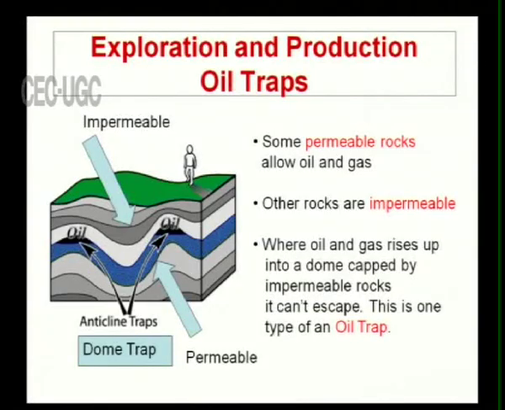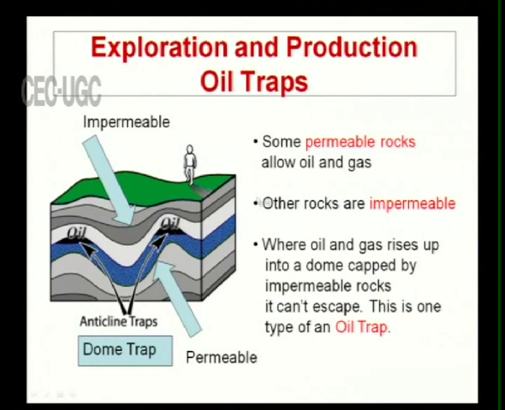Before understanding the impact of the oil and gas sector on the environment, we have to thoroughly understand the various processes in oil production. First, we have to see where oil is available.